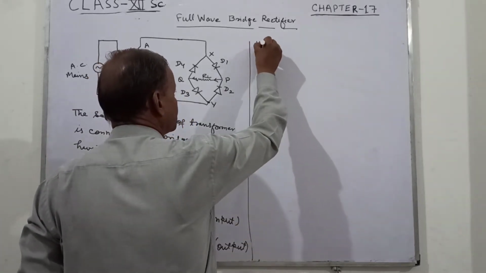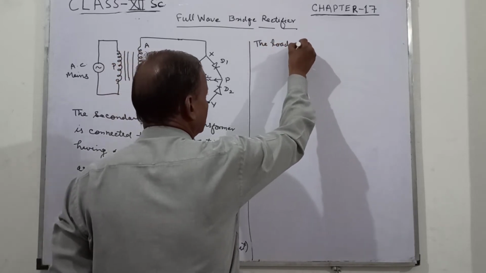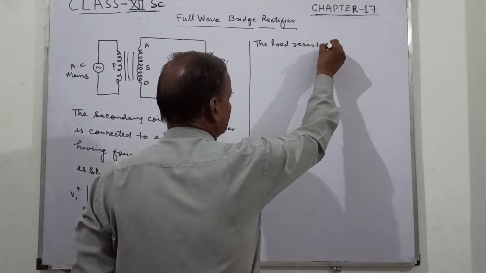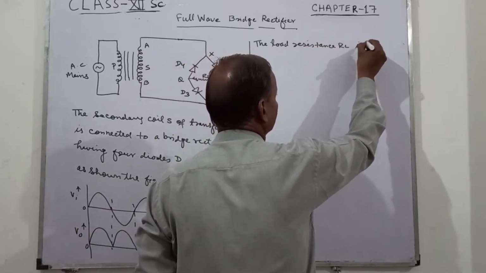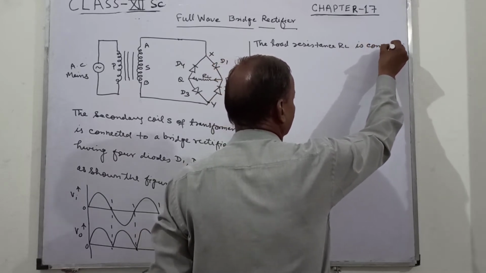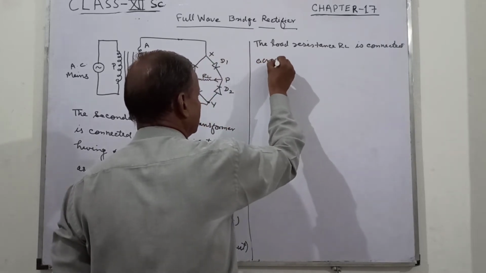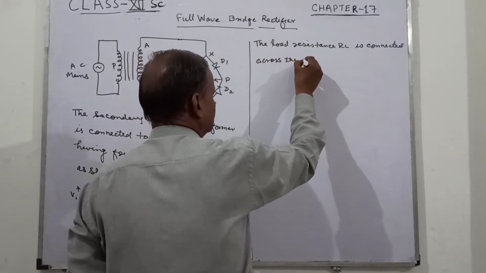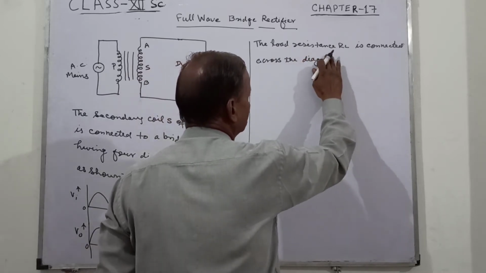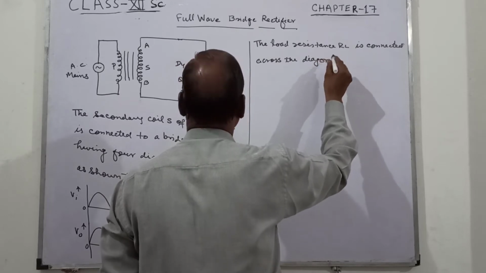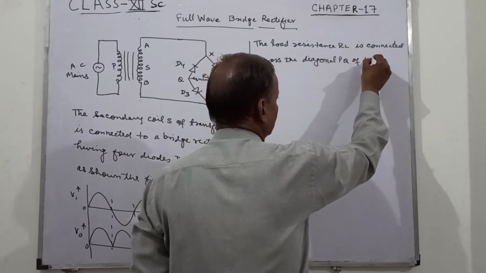The load resistance RL is connected across the diagonal PQ of the bridge.